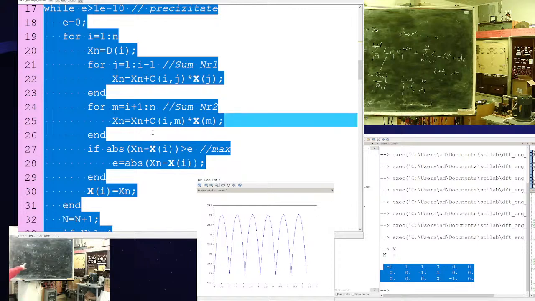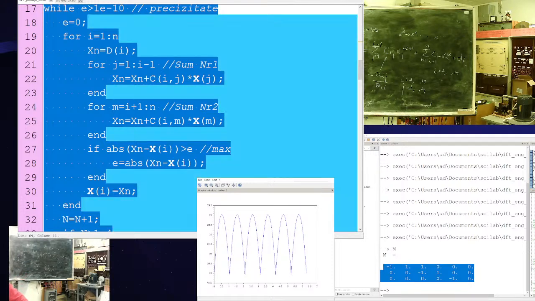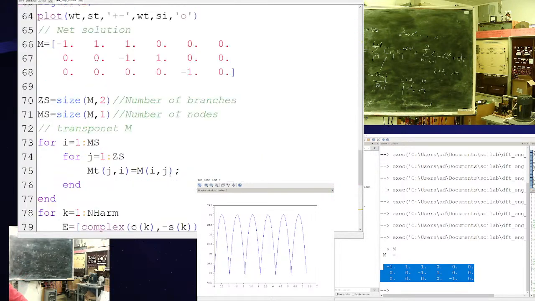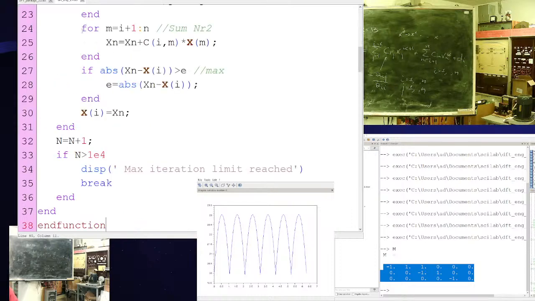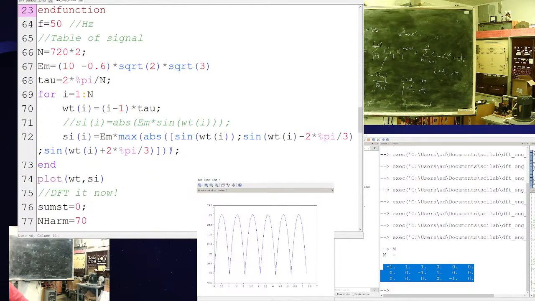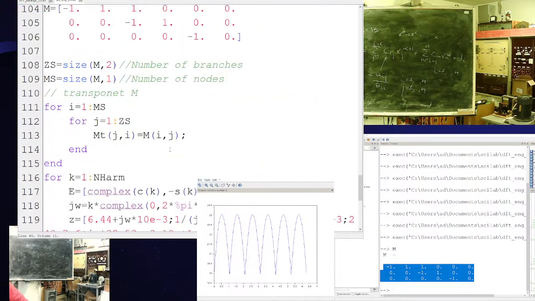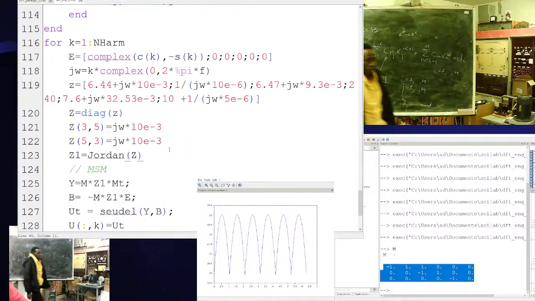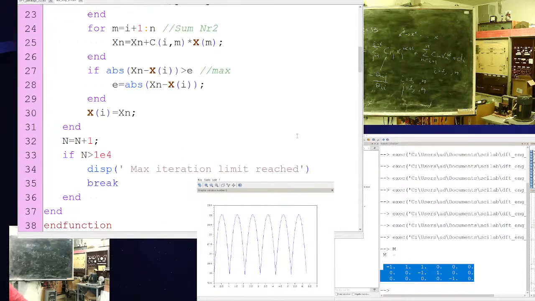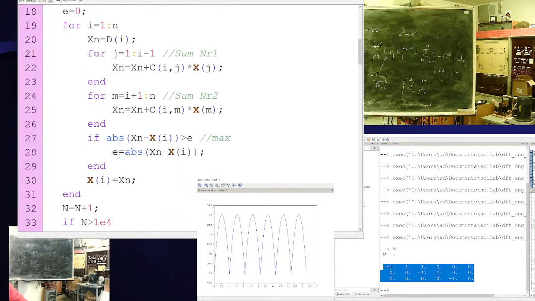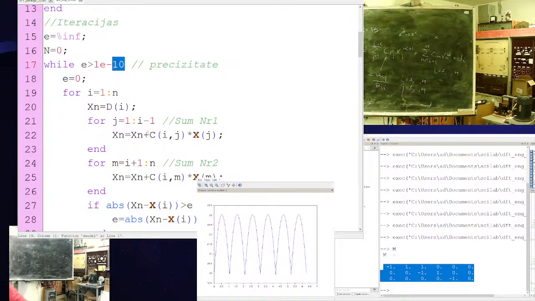It's what you see on my blackboard. I will put my Seidel function in front of my Jordan function. Both are mine. Here I call the Seidel function, and here I define precision. I can solve the equation with any precision I need.